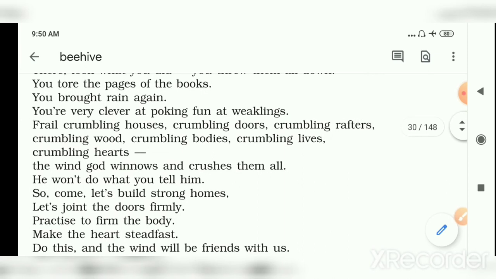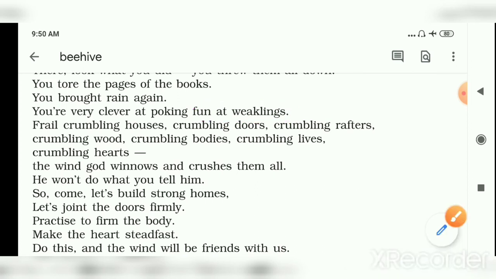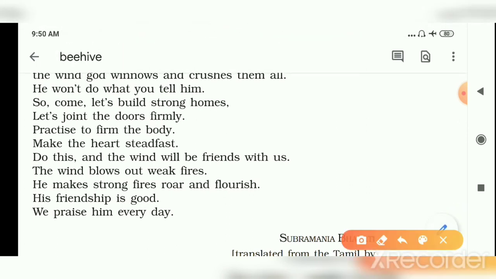The wind is able to have fun at the weaklings. Wherever weak things are there, wind will show power. If the fire is weak, it blows out. Blows out means dumped down, ઠારી નાખે છે.